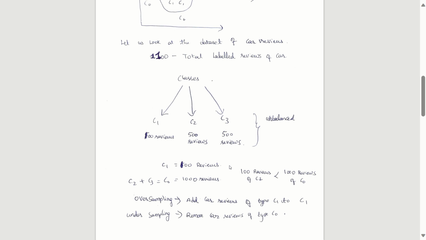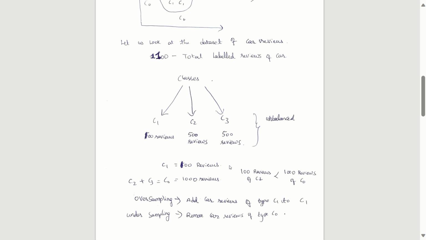In oversampling, for example, we have very few car 1 reviews, C1 reviews, so we add more car reviews of type C1 so that it equals C0, the other car reviews.